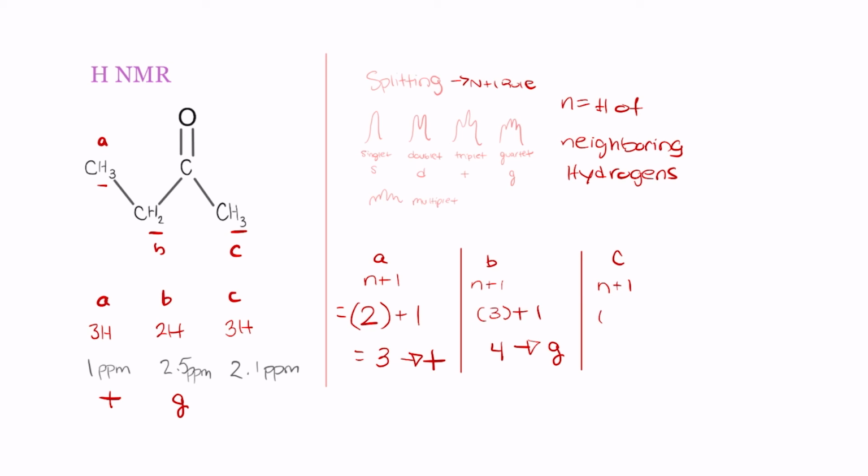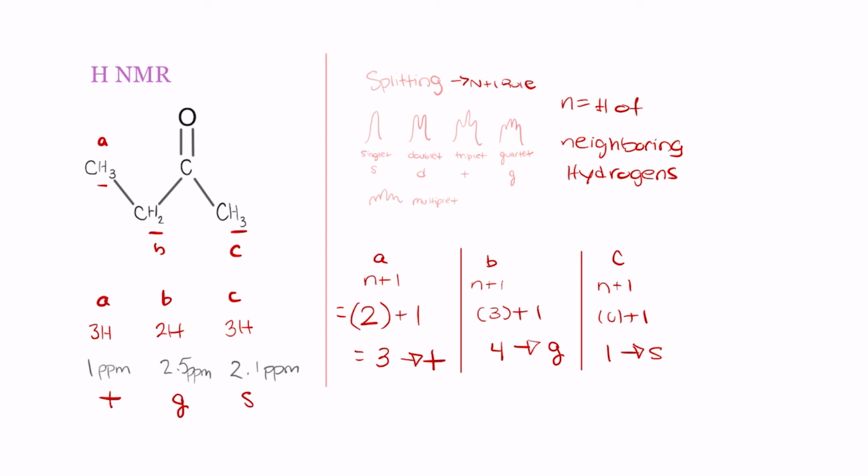So we're going to have 0 plus 1, and that's going to give us a value of 1, which means that we are going to have a singlet. And we abbreviate that as an S. So signal C is going to appear as a singlet on our graph.